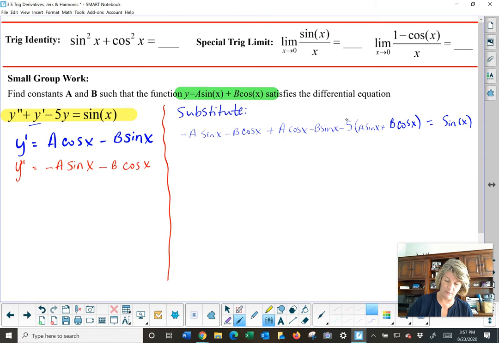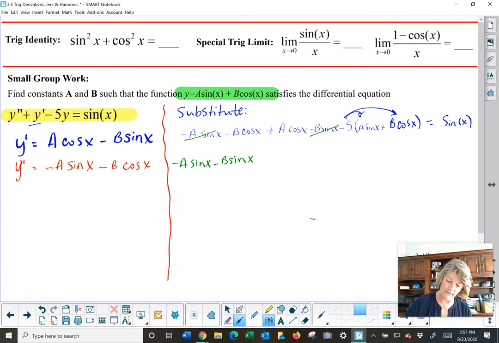I have minus 5, so I want to distribute this through. The other thing I think I might try to do is group all the sines together and group all the cosines together. So that's going to be my plan here on my next line. I'm going to have a sine of x minus b sine of x.